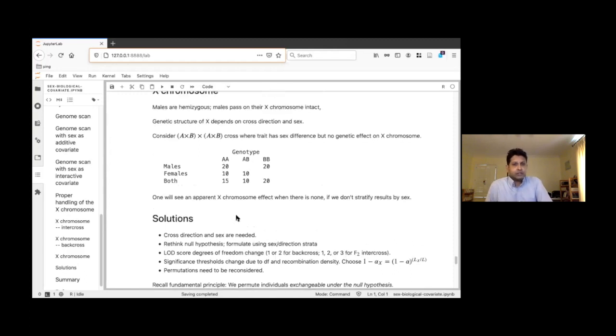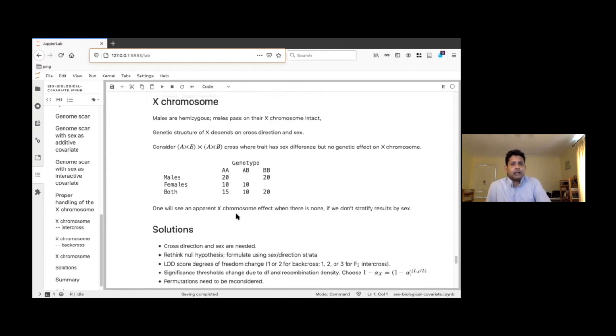So what are the implications? Let us consider a hypothetical A by B cross, where the trait has a sex difference but no genetic effect on the X chromosome. In other words, here are the males. The males have genotype hemizygous A and B. I'm writing AA and double B. This is how a lot of genotyping programs might return the genotypes to you.